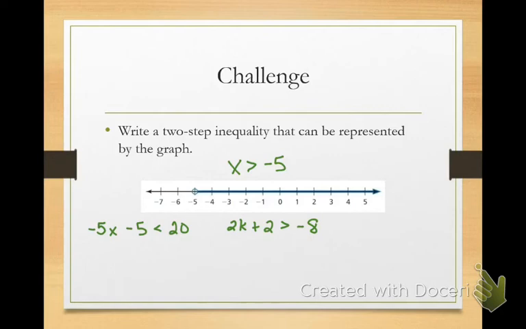Could there have been a couple other combinations of numbers that he could have used there? Yeah, there could be. But he knew if he added 2 in the inequality, that would mean subtracting 2, which would get him to the negative 10 that he needs. Then he can divide both sides by 2 and get to his answer. K is greater than negative 5.